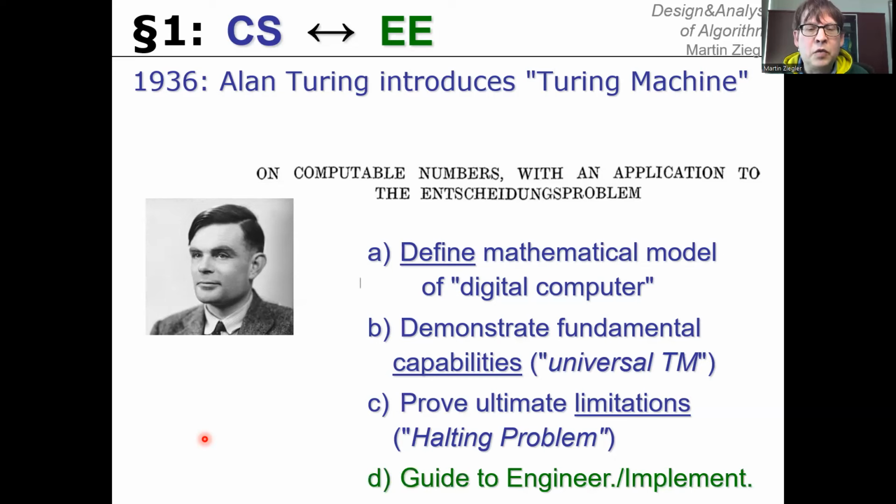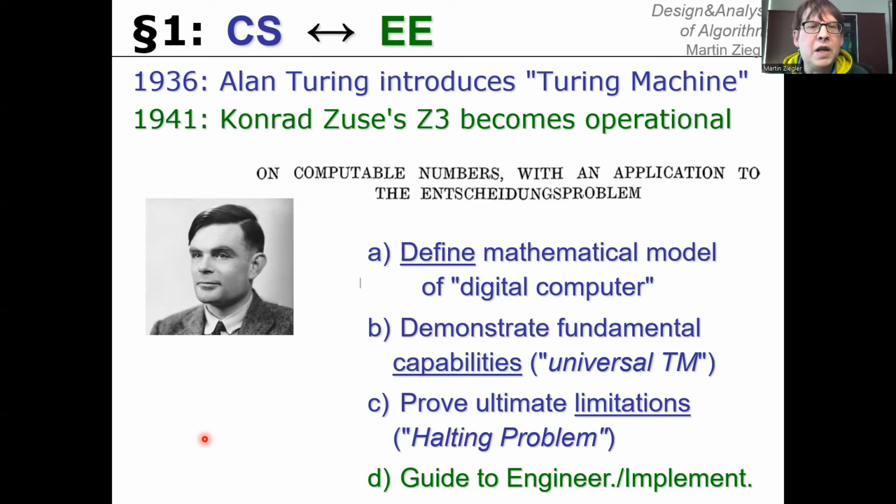So this provided guidance and motivation to engineers to actually implement such a machine. And indeed, 5 years later, in 1941, it was Konrad Zuse who built the Z3 computer, which became operational in 1941, the first actual universal digital computer, arguably.